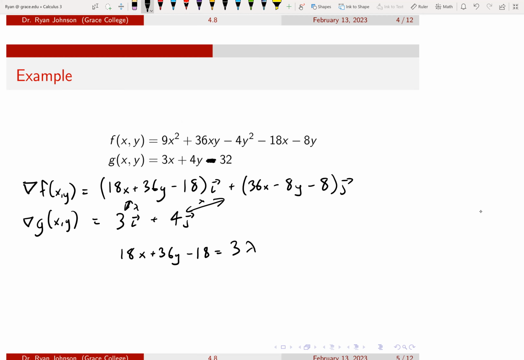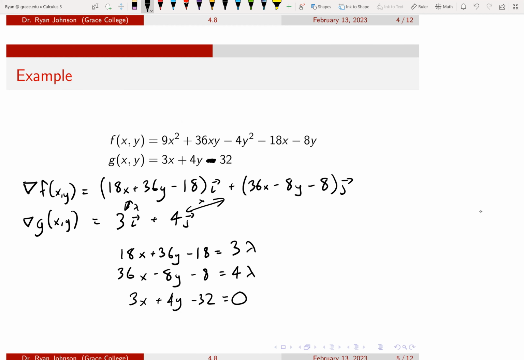And then we have the j equation. So we get 36x minus 8y minus 8 equals, and over here is 4, so it equals 4 lambda. And then we have g(x,y) equals 0. So then 3x plus 4y minus 32 equals 0.